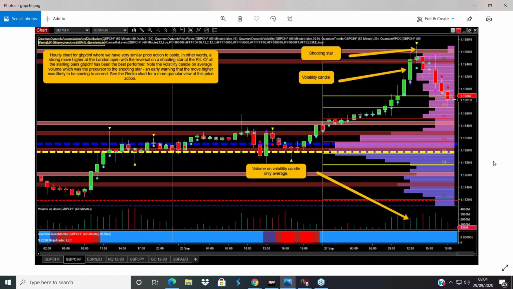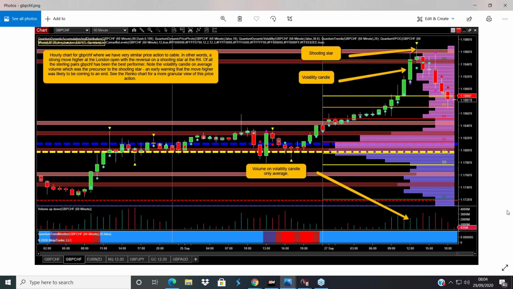I also said you can get a continuation of the trend. In fact, we had that last week. I think David was looking at that, which was the pound Aussie. I think it did 200-300 pips in a day, but it was divided by something like 100 and something in London, then a complete reversal in New York. Great if you caught that ride up and down on that roller coaster, good for you.